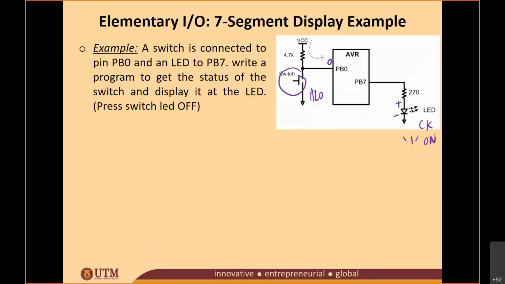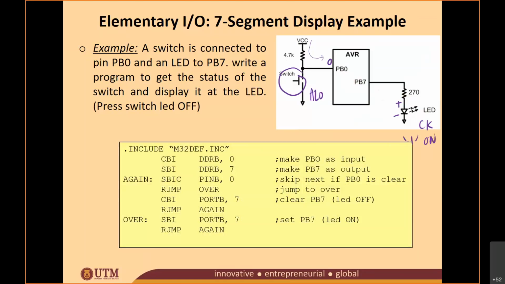Okay, so how to write down the program? Okay, so this is when you're going to write down the program. In assembly language lah. Okay, so now we just keep the assembly language. We are going to focus on the C programming.